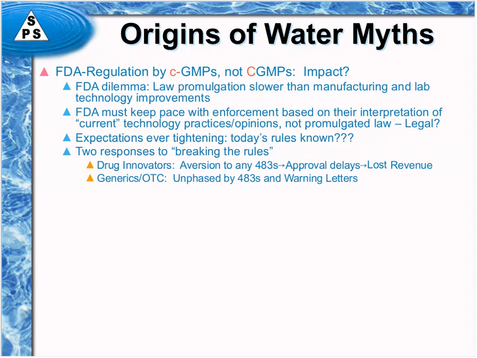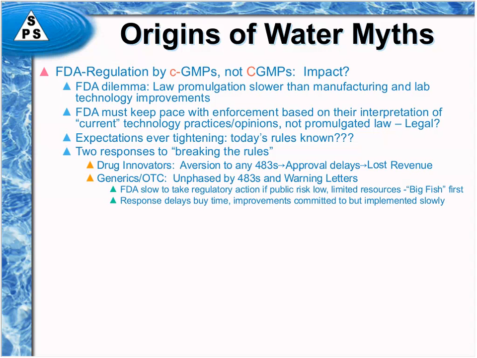Now, if you look at the generics and the OTC industry, generally speaking, they're not nearly as fazed by 483s and warning letters. And there's a reason for that. One of the reasons is that FDA tends to be pretty slow in taking regulatory action in situations where the public risk is low. They've got limited resources, and they're really going to go after the big fish first.